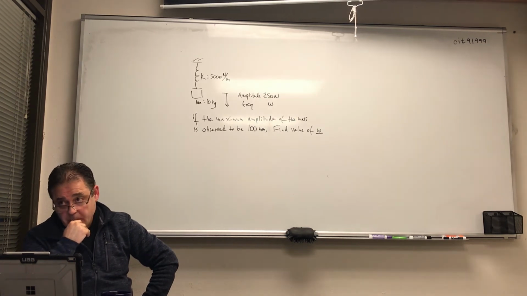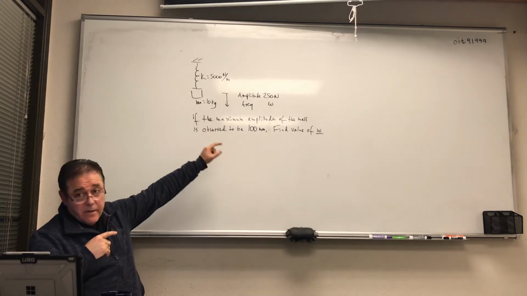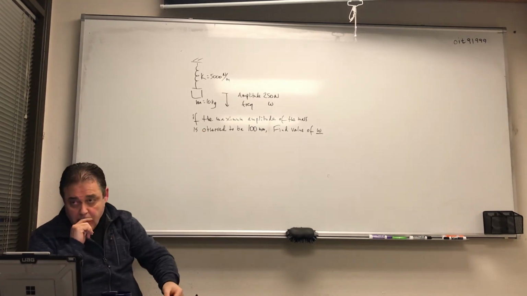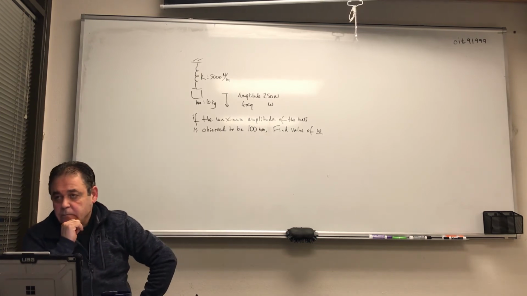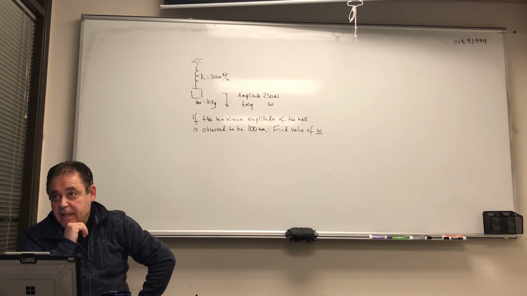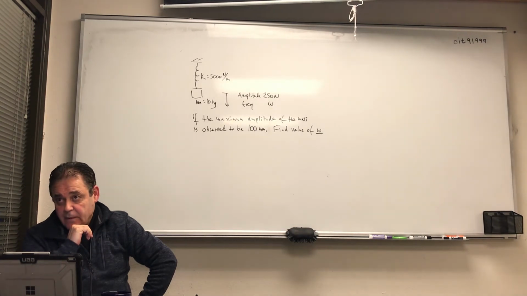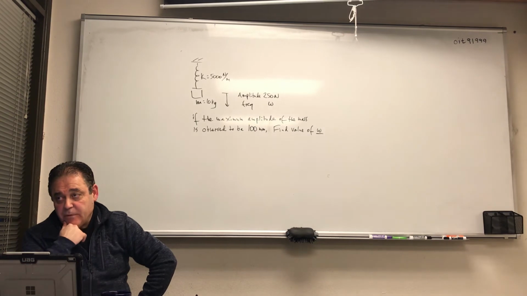Because really, what is given to you here? The maximum amplitude, which is that capital X. Big X is the maximum amplitude. There's no t in there, so it's just the max.